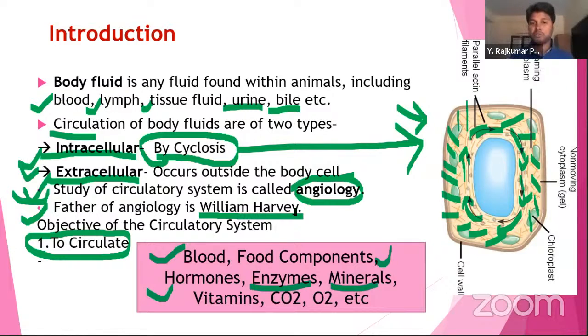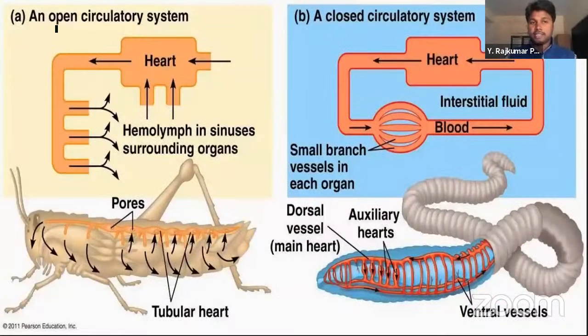Before that, people used to think that our body contains blood, and there are no pipe-like structures. There are no vessels. People used to believe that, but William Harvey firstly identified that there are blood vessels, and through blood vessels, this blood flows. Right? Let's learn further.